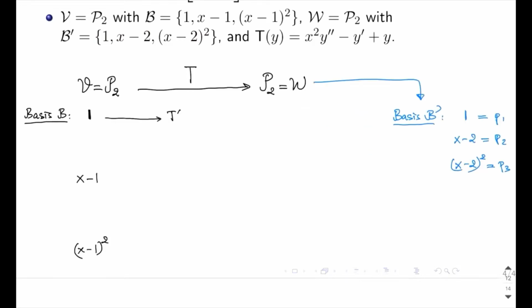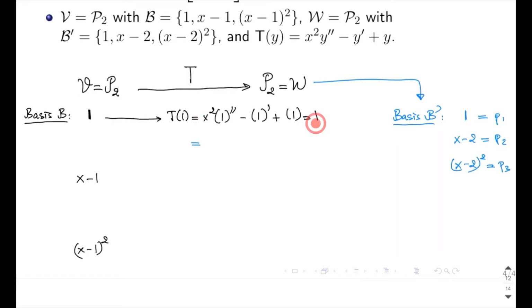So T of 1 is going to be x squared times the second derivative of 1, the derivative of 1, and then plus the function. Of course, that is going to be 1. Now, the next step you need to do is to express it as the linear combination of the bases in the target space.